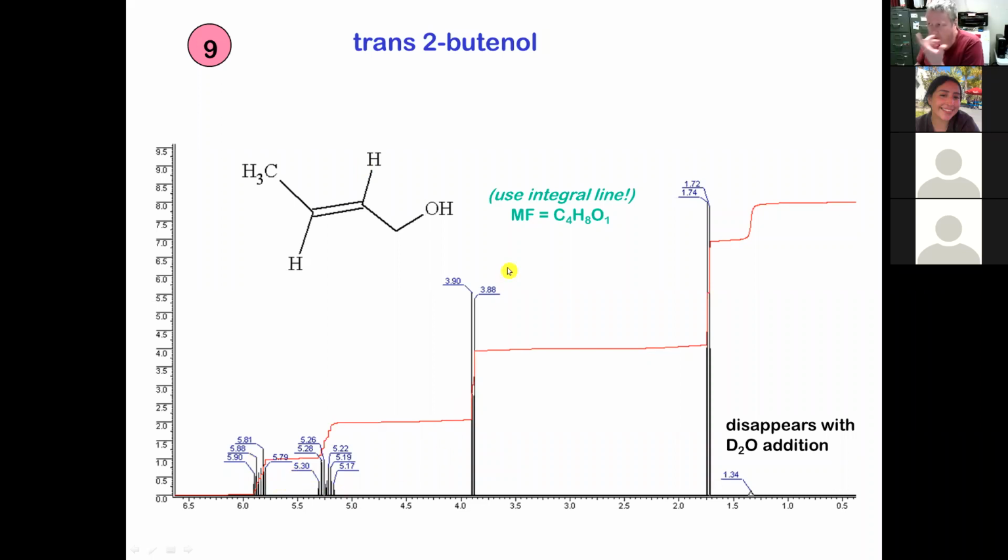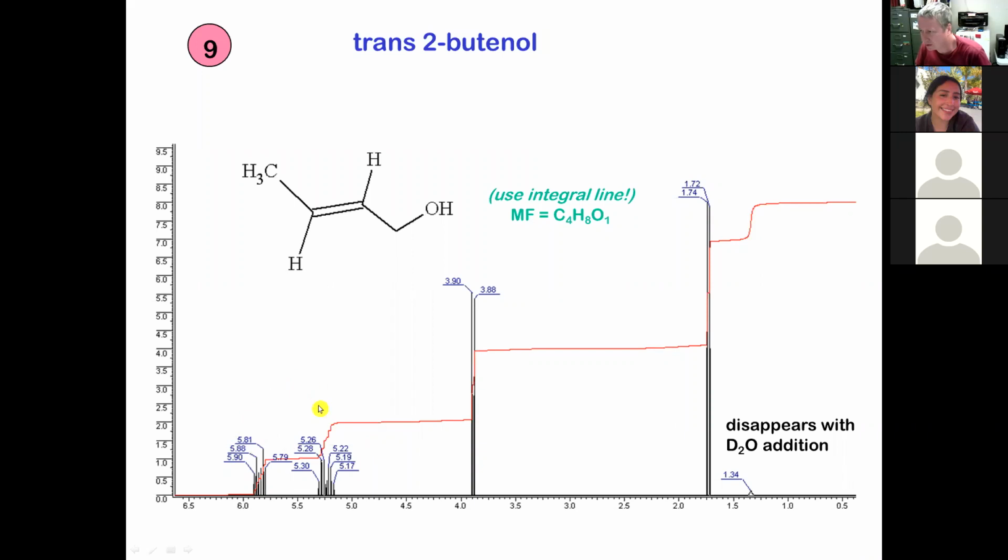Then you have, oh yeah, what's the molecular formula here? It's C4H8O. So can we figure out how to add these up and get 8? If these are CHs, it's probably going to be 1, 1, 2, because that's double the size of this line, right? 1, 1, 2, 3, and then this distance looks the same as this, as 1.